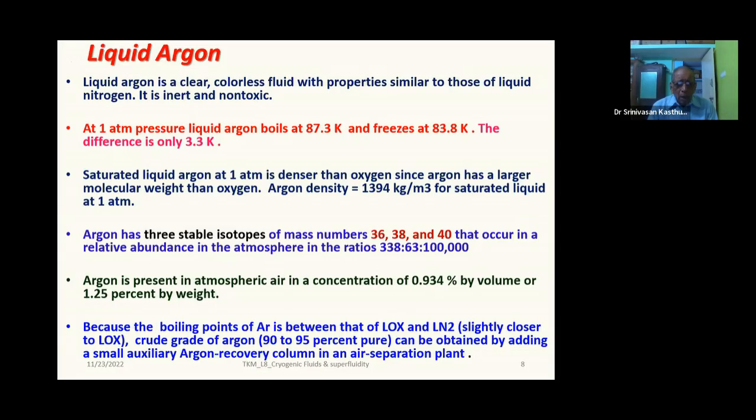Oxygen again has a lot of uses. Although there are safety hazards for oxygen, oxygen is useful for welding purposes and breathing. We have all experienced the COVID times where oxygen was badly required for the person to be alive.